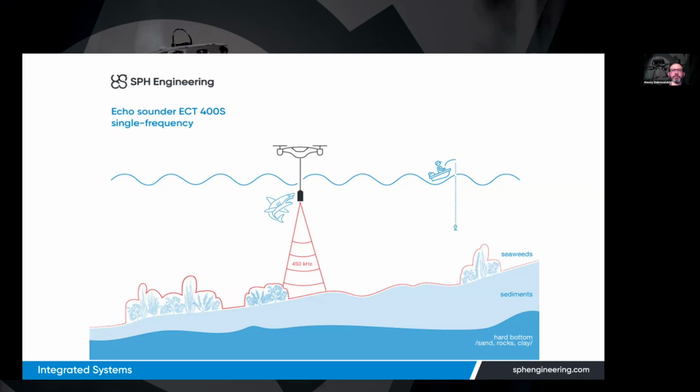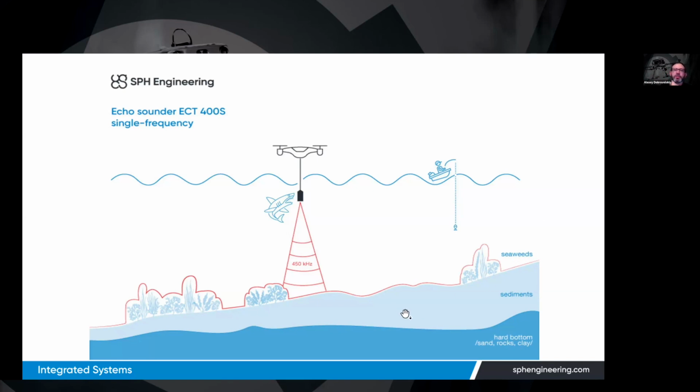That means that if bottom is covered with dense vegetation, a lot of seaweeds, you will get a data with a lot of spikes, which should be removed manually during post-processing if you need to get the depth till the bottom.